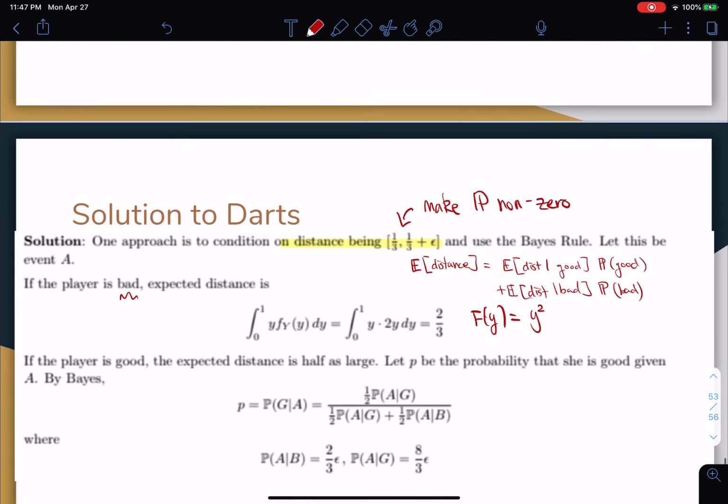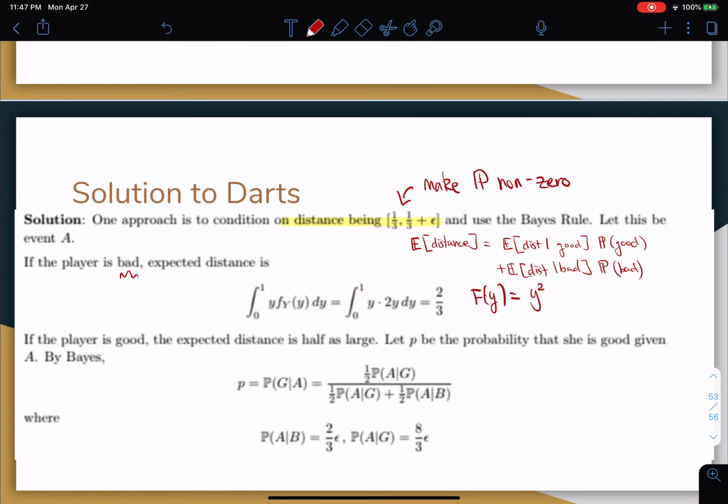Our CDF is going to be F of y equal to y squared. Just remembering that this is equal to the probability that Y is less than or equal to y. The radius is less than or equal to y, so this is going to be y squared. And then to find f of y, you just differentiate it and you get 2y.